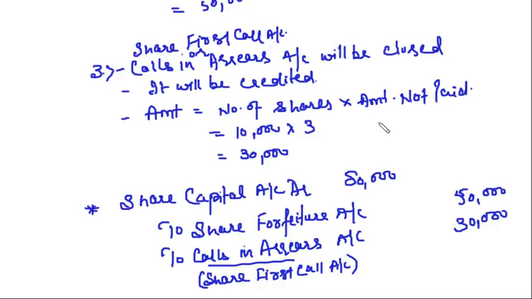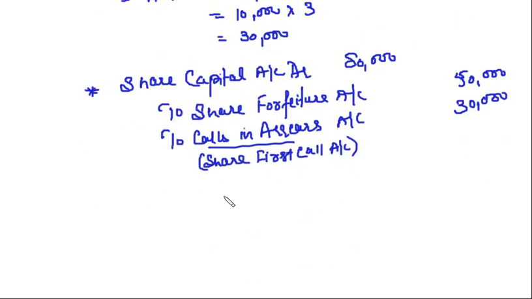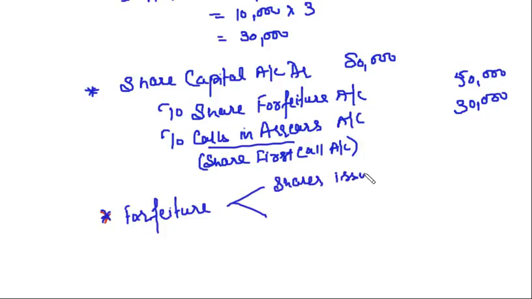Now, we'll end this lecture here, but before that, I'll tell you this forfeiture can be for two types of shares. That is, shares issued at par and shares issued at a premium.